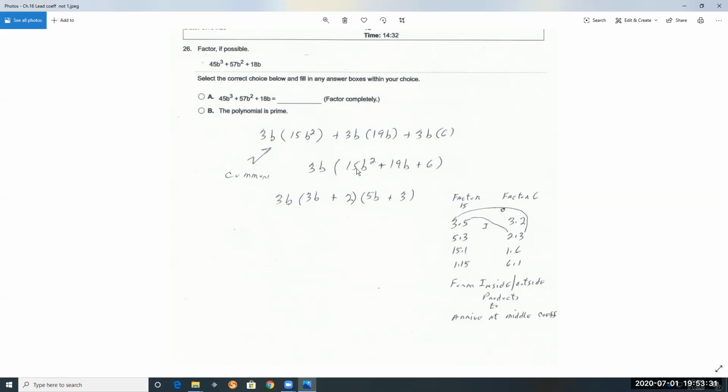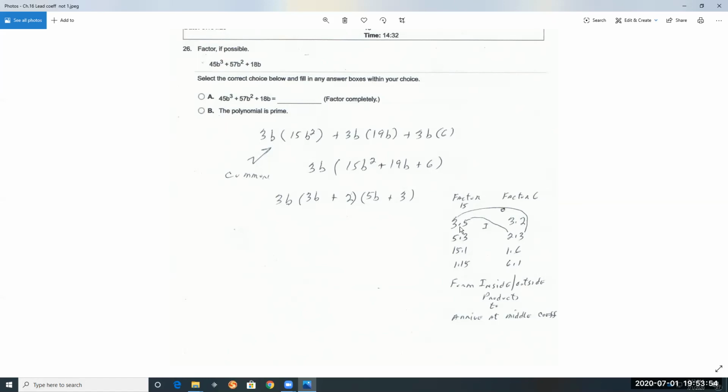The way I like to do things, it's a little bit more organized. I take 15 and factor it as 3 and 5, 5 and 3, 15 and 1, 1 and 15. I factor the last term likewise as 3 and 2, 2 and 3, 1 and 6, 6 and 1. Notice I put the factors in both forward and reverse format.